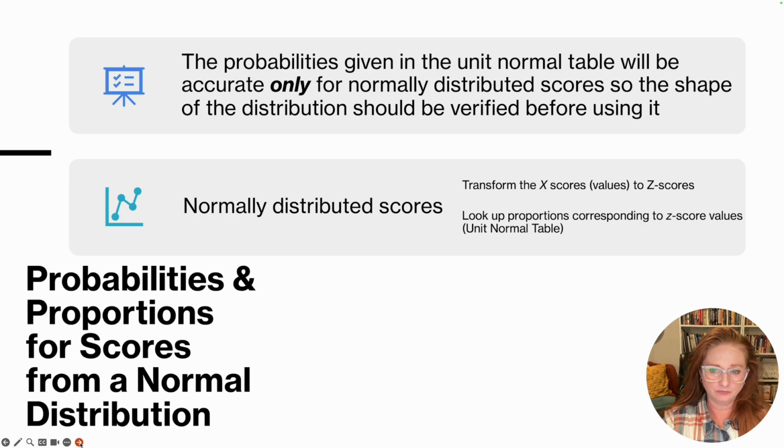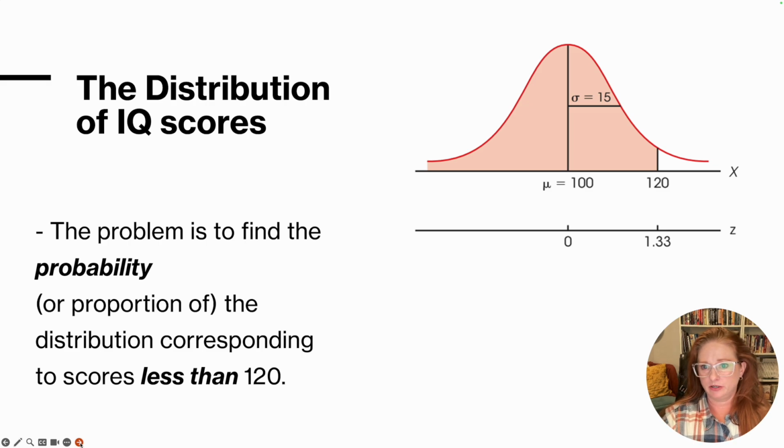Okay. So here's your IQ scores again. So if the problem is to find the probability or proportion of the distribution corresponding to scores less than 120, what I need to do is draw my distribution and say, okay, I know that for IQ scores, the average score is 100, standard deviation of 15.